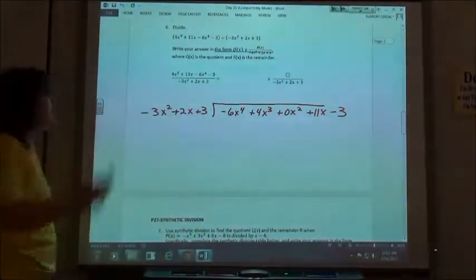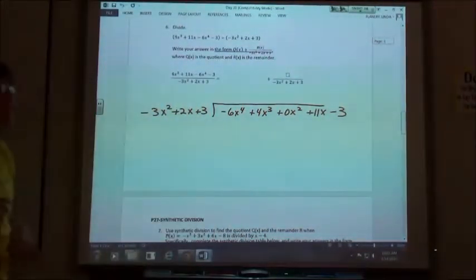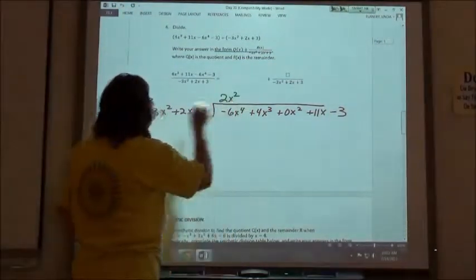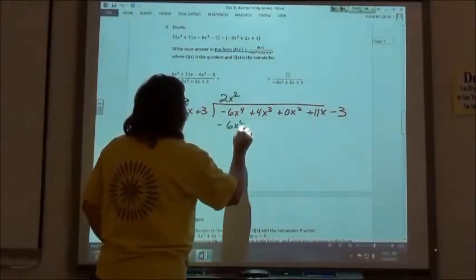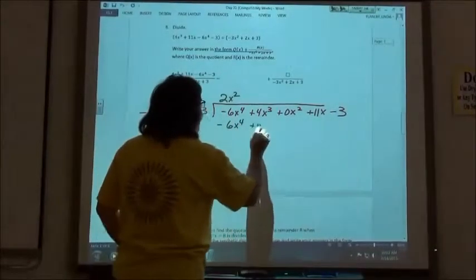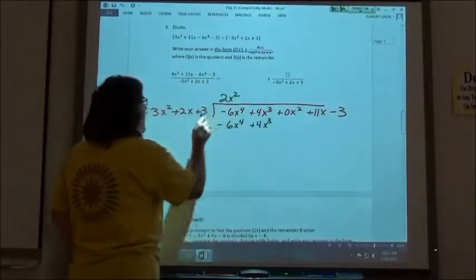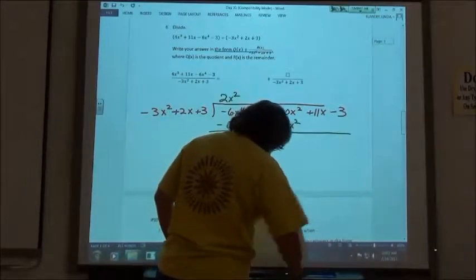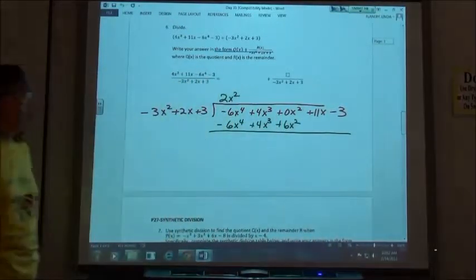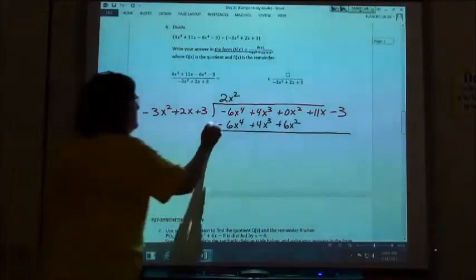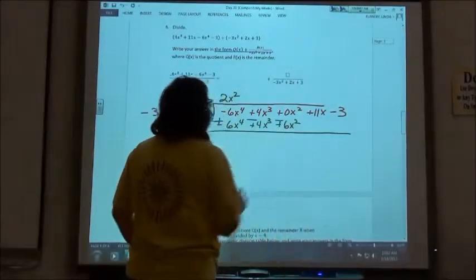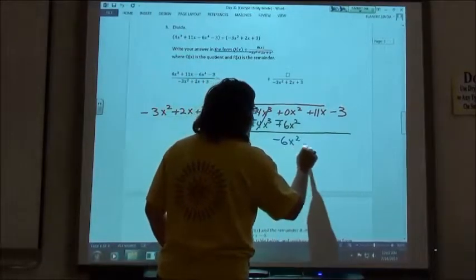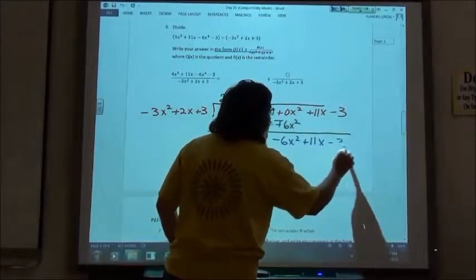So what times negative 3x squared gives us negative 6x to the 4th? 2x squared. So we get negative 6x to the 4th, positive 4x to the 3rd, and a positive 6x squared. But then we have to subtract, so we change all our signs. That cancels, and so we have negative 6x squared plus 11x minus 3.